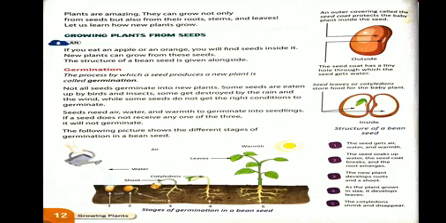Okay, now see the stages of germination in a bean seed. See, the very first step is the seed gets air, water, and warmth. And after that, this seed soaks up water and the seed coat breaks and the root emerges. And the new plant develops into roots and a shoot.